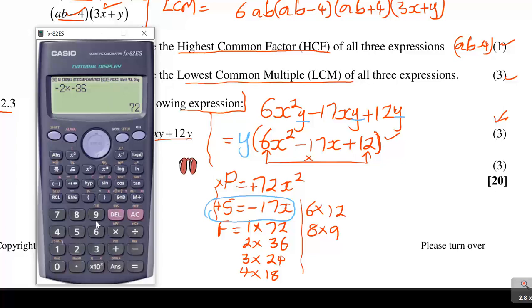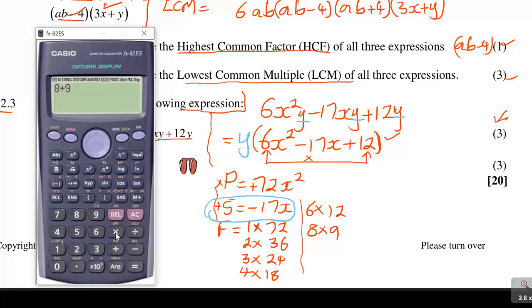So let's start with the first one. If I say 1 plus 72, it is far from the sum of 17. 2 plus 36 is also far, and then 3 plus 24, remember both numbers must be positive or negative, is also far, and then 4 plus 18 is also not the number, 6 plus 12 is also not the number, and then 8 plus 9 is giving me 17.